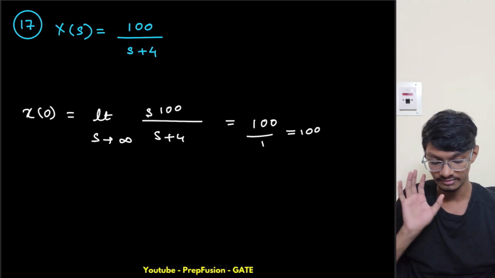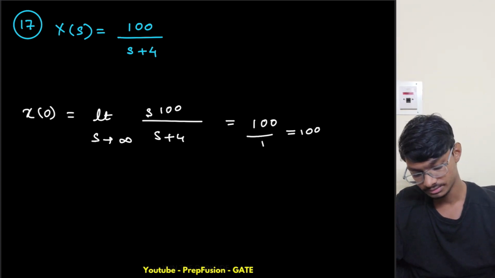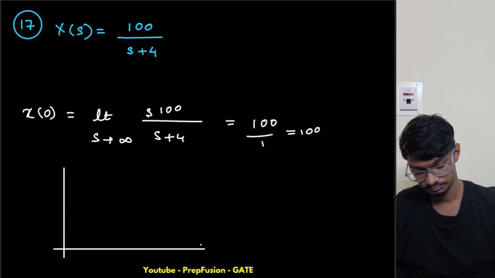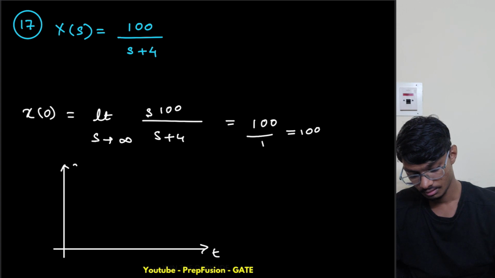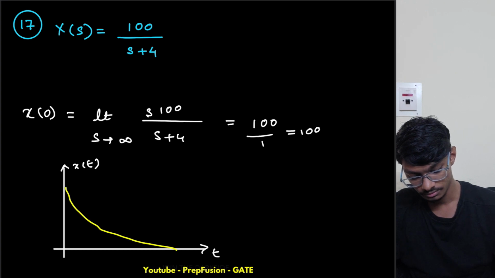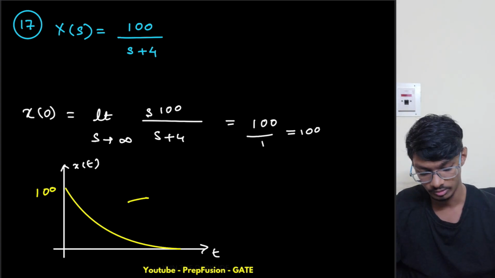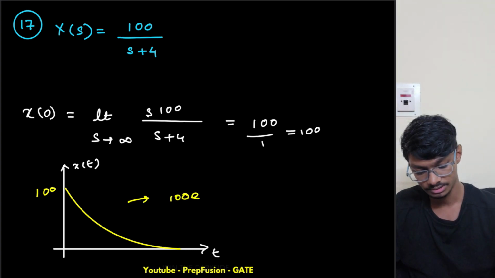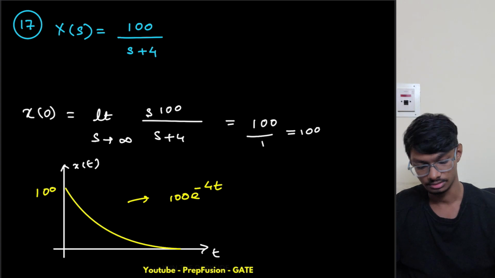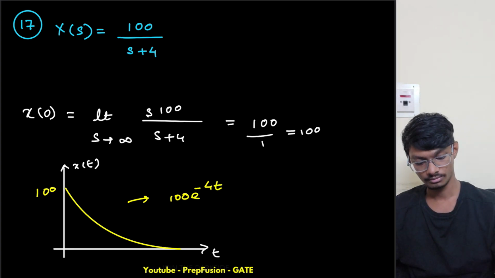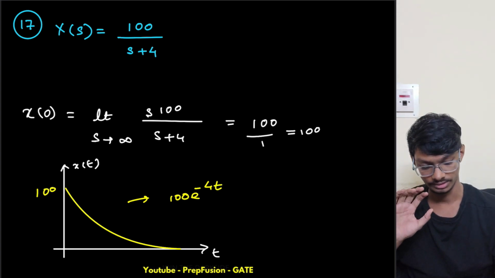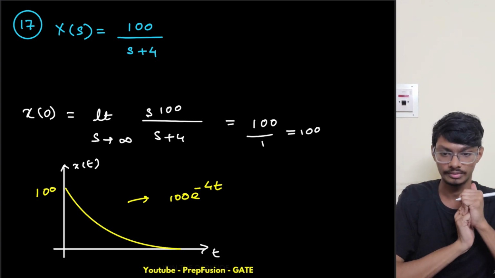So the initial value I can directly find from here, or I can plot it. X of t goes from 100 to 0. This is the time domain expression, e raised to power minus 40.